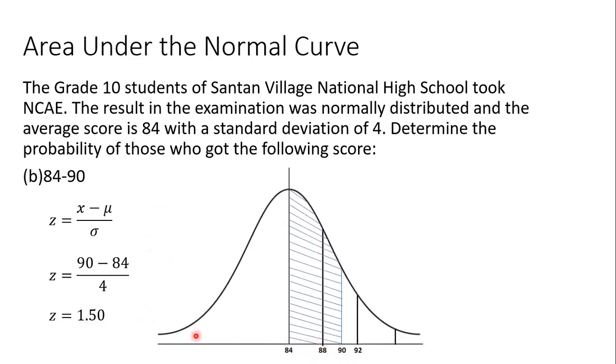The value of the area corresponding to 1.50 in the table is equal to 0.4332. So this area can be translated as our probability equal to 43.32%. That means 43.32% scored between 84 to 90.